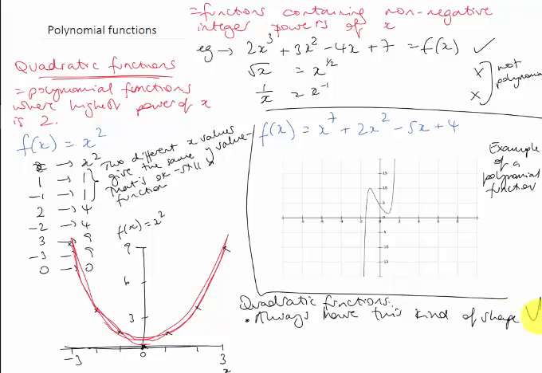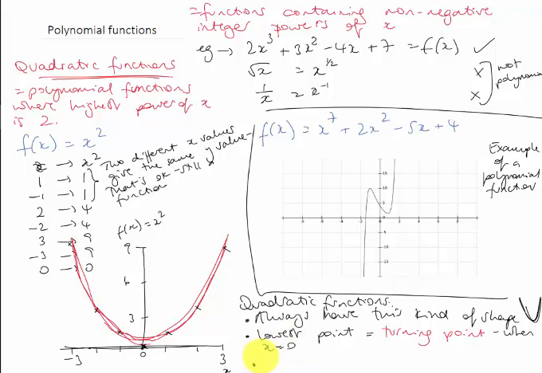A bit like that. So the lowest point on the graph, we call it the turning point. And that is when x equals 0.